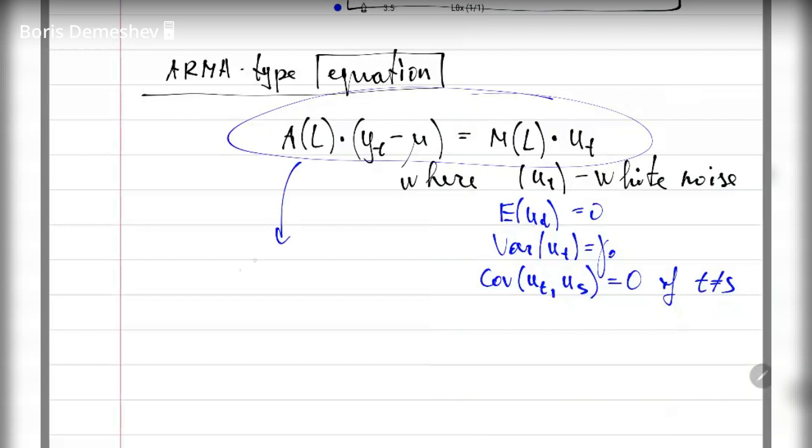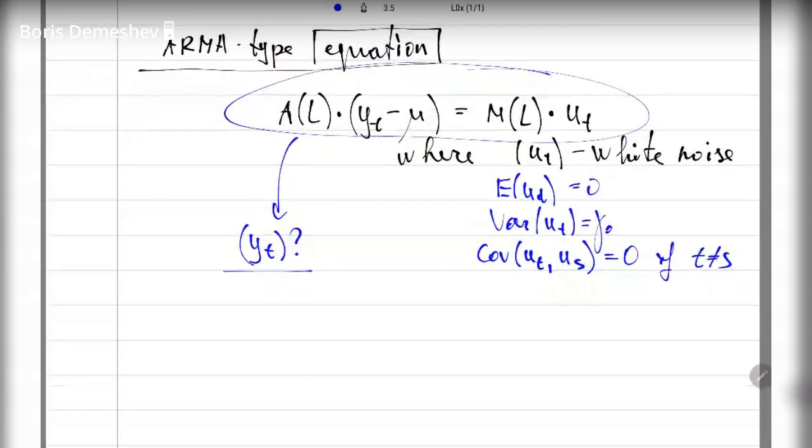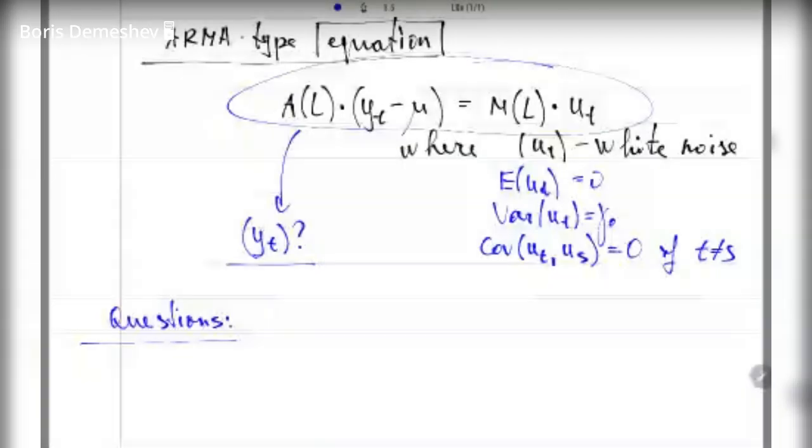Okay, and so this is an equation, and we try to solve it for YT. From this equation, we'd like to obtain the process YT, and we wonder how many solutions do we have, how many stationary solutions do we have. So we will discuss today the following questions. First question is very easy.